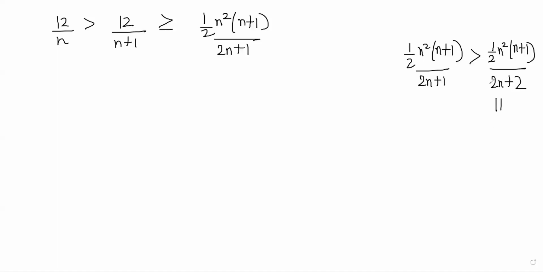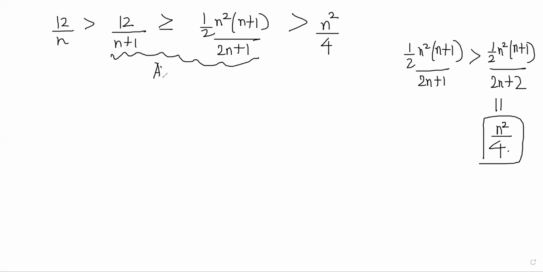That is equal to, here you can take the 2 common and cancel the n+1, so that is equal to n²/4. So this is greater than n²/4, right? This was coming from AM-HM, and now we are saying this is greater than this and this is greater than this.